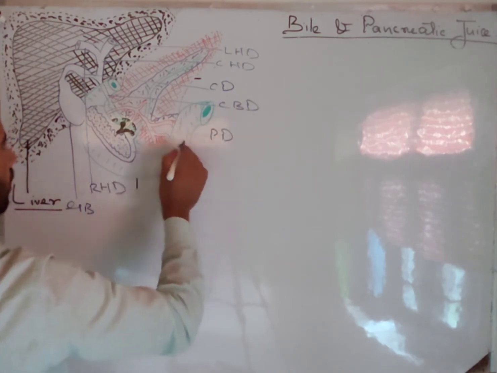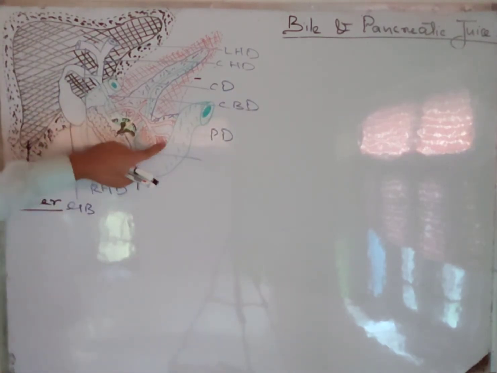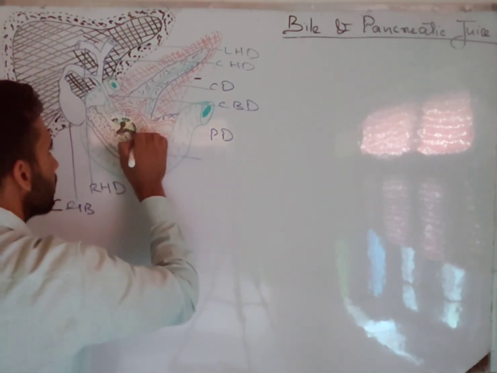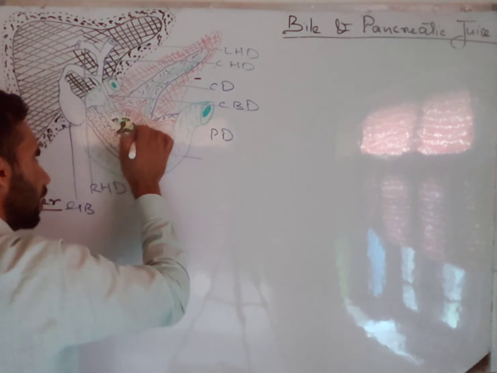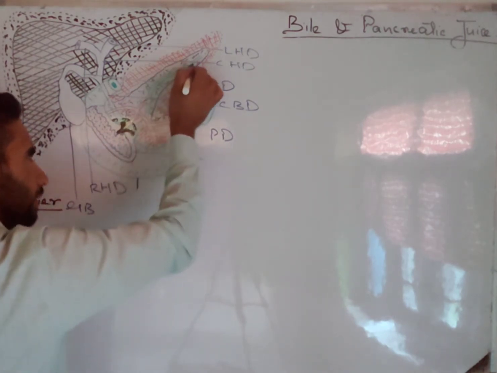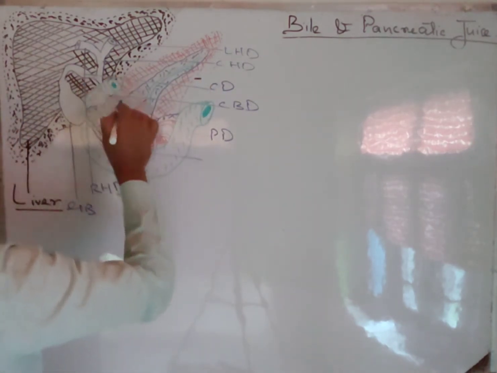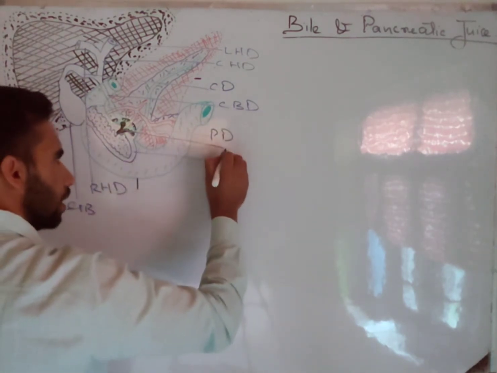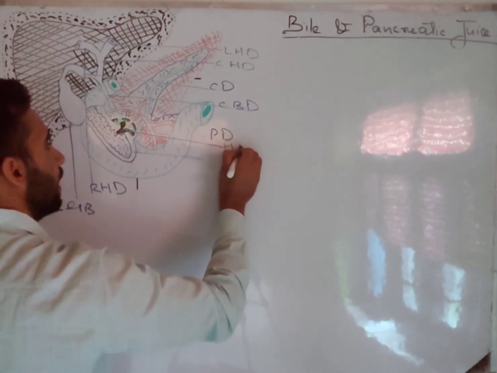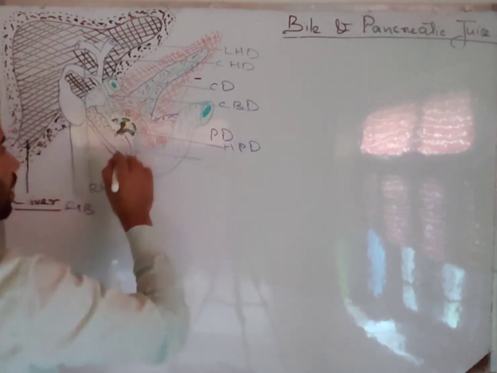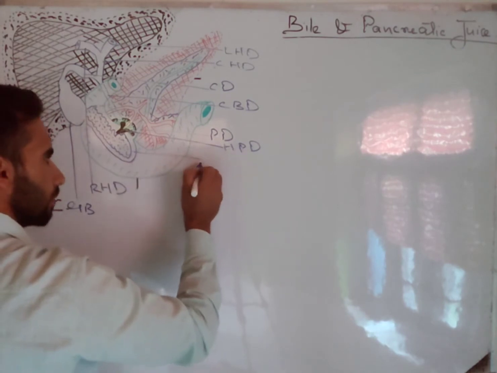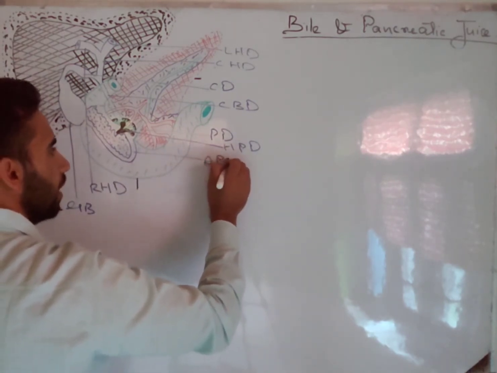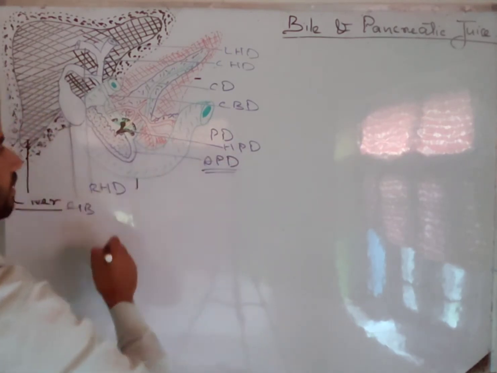When the pancreatic duct combines with the common bile duct, this very small portion, in which both the pancreatic juice and the bile are transported, is called the hepatopancreatic duct. Besides that, we have some other ducts which are collectively called accessory pancreatic ducts.